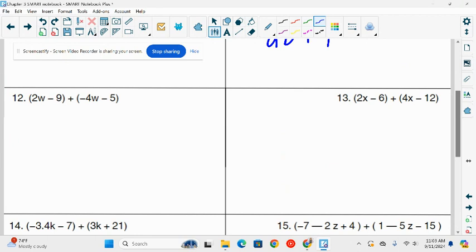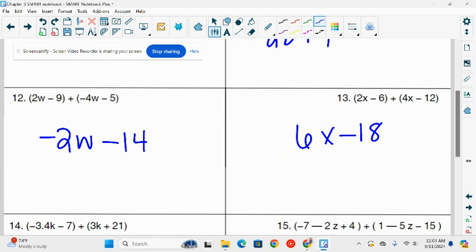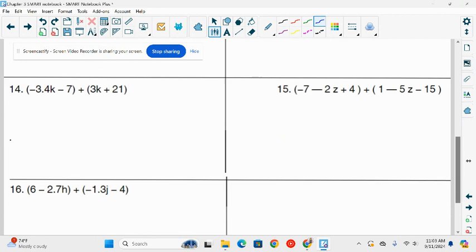Number 12, you got negative 2w minus 14. Number 13, you got 6x minus 18. And number 14, you got negative 4/10k plus 14. Do we need to go over any of those?